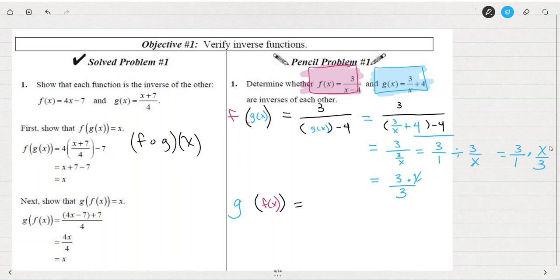But you don't want to have to write this out every time. If you get in the habit of saying 3 over 3 and under x, this x is the one that comes up to the numerator. The 3 over 3 is a 1. 3 divided by 3 is 1, so we have 1 times x, or just x.